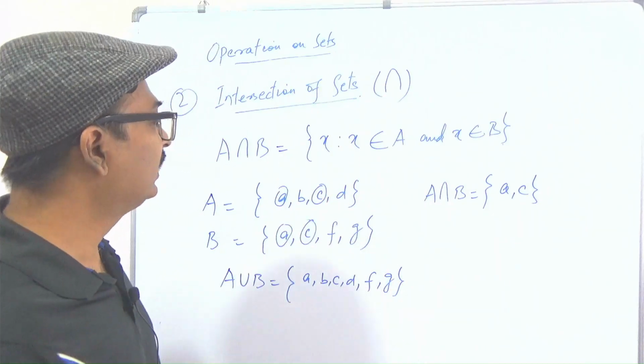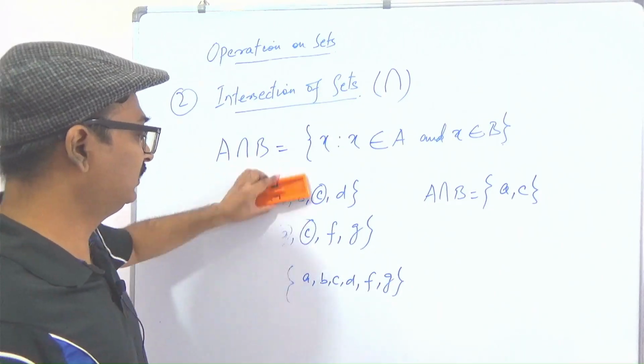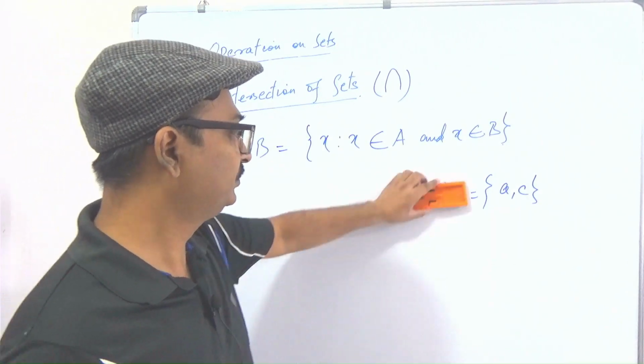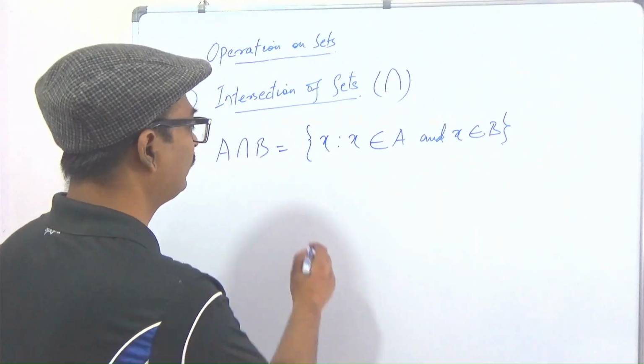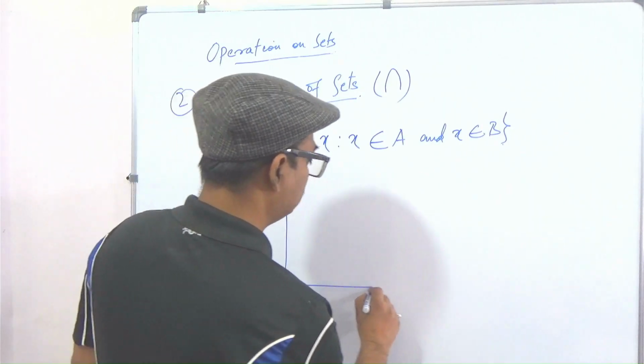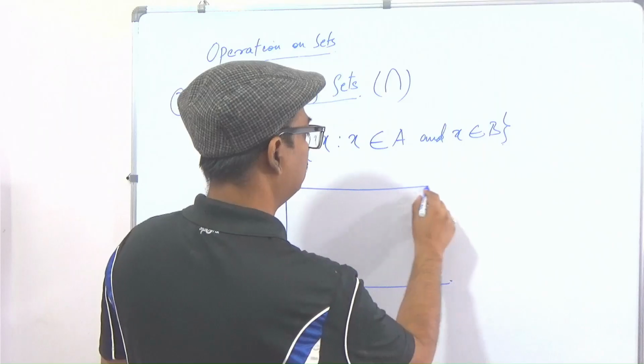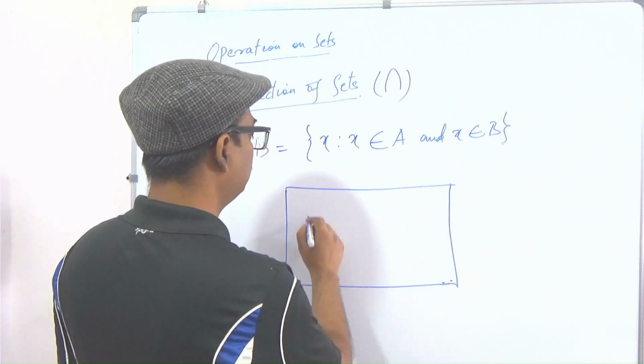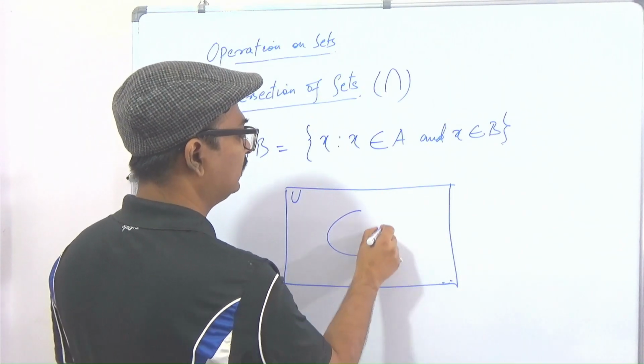How will we represent it in a Venn diagram? This is the universal set.